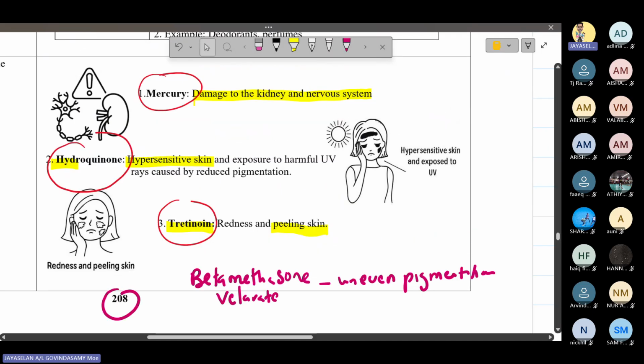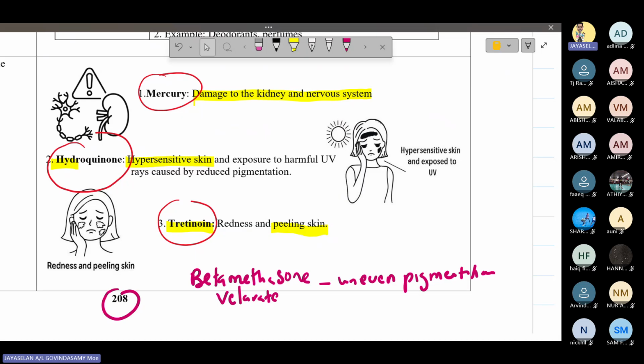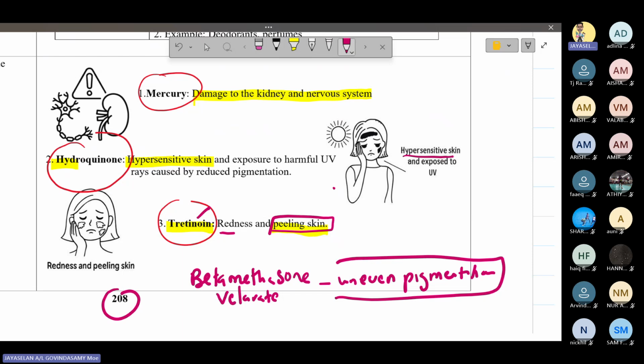Mercury, kidney and nervous system, or nerve. Hypersensitive, hydroquinone. Redness or skin peeling, tretinoin. Betamethasone valerate, uneven skin pigmentation.